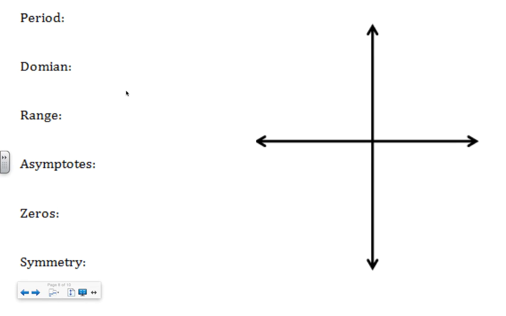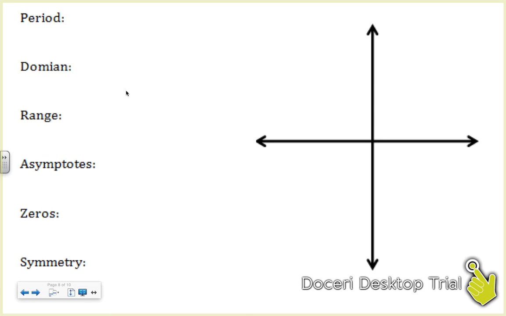Okay. Just like sine and cosine, the period for secant and cosecant are both 2 pi. And I'm going to first graph cosine.